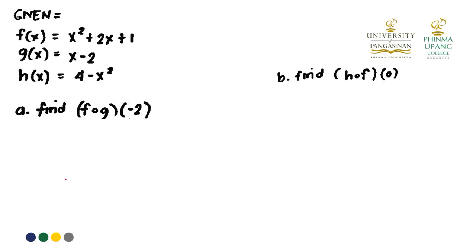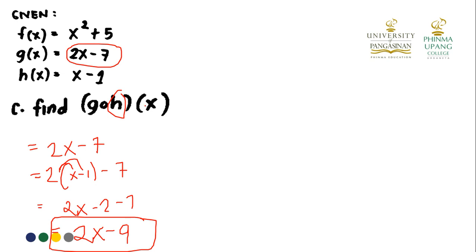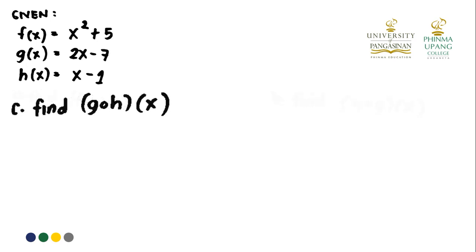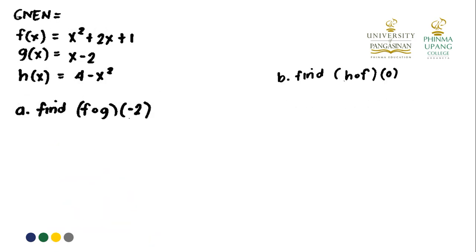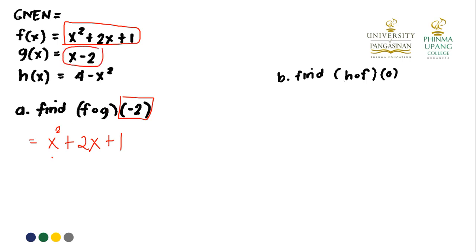As you can see, in the previous slide, we don't have a specific number for our x. We use the variable only. But here, in our new example, we have the value of x which is negative 2. So let's solve this. Our f here is x squared plus 2x plus 1. And then the value of our g is x minus 2.